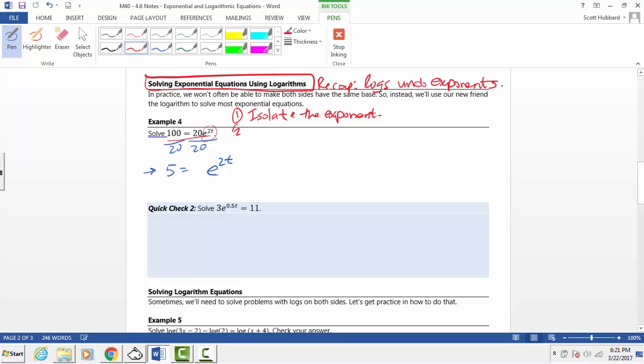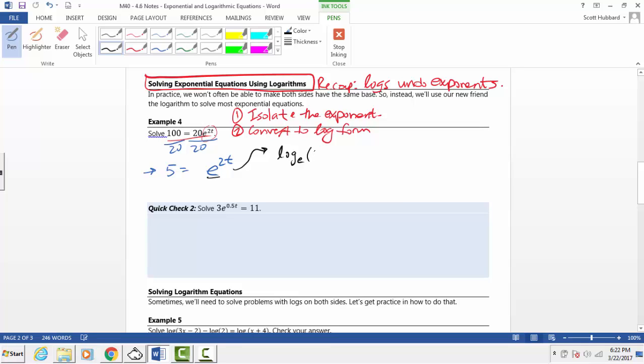Step 2 then is you convert to log form. And remember what that means for this problem. e is the base, so if I convert this into log form, I'm going to get a log with base e, and yes, I know that's ln, but just bear with me now. Log base e.